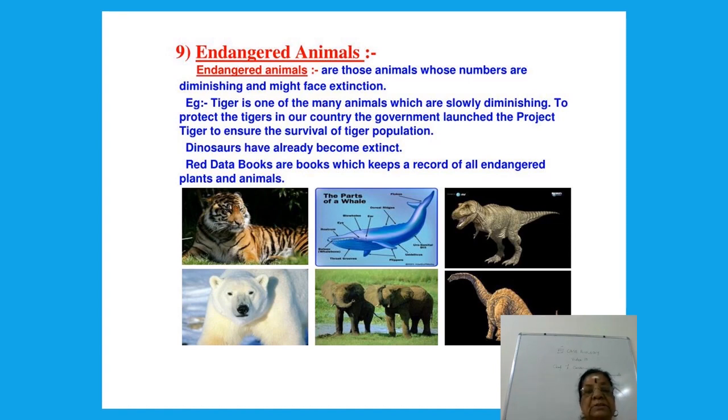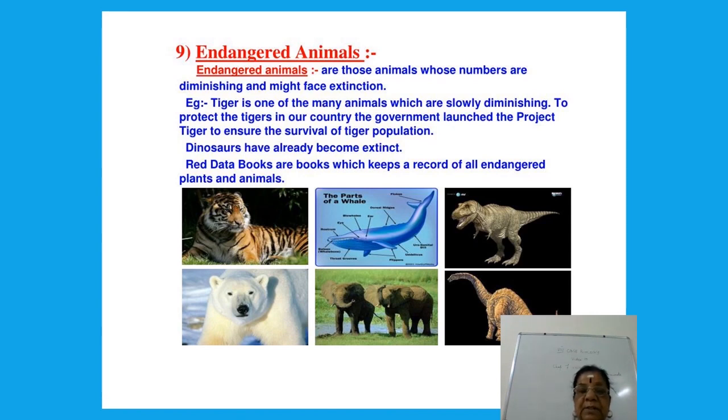Animals whose members are diminishing and might face extinction are known as endangered animals. Tiger is one of the many animals which are slowly diminishing. To protect the tigers in our country, government has launched Project Tiger program to ensure the survival of tiger population.